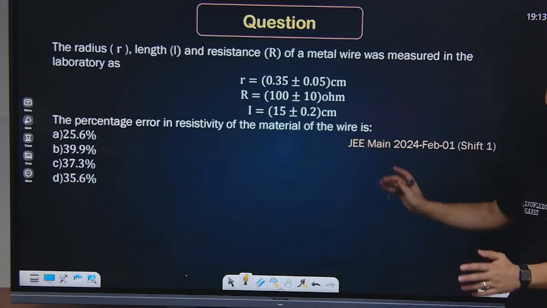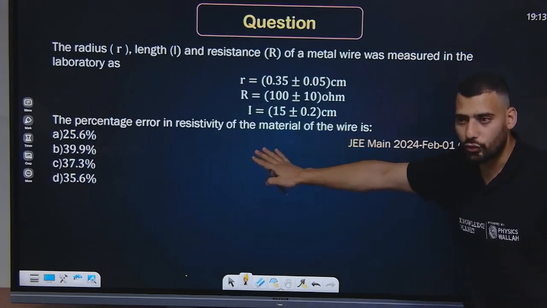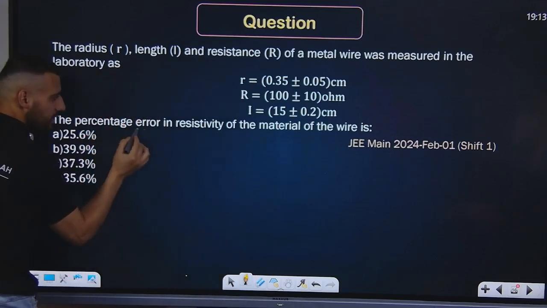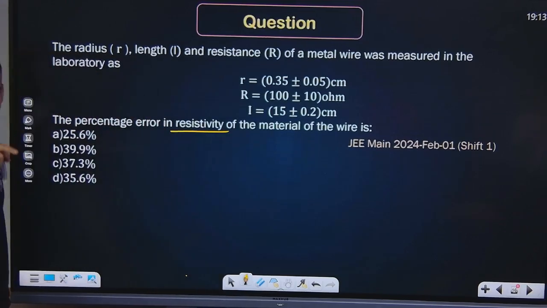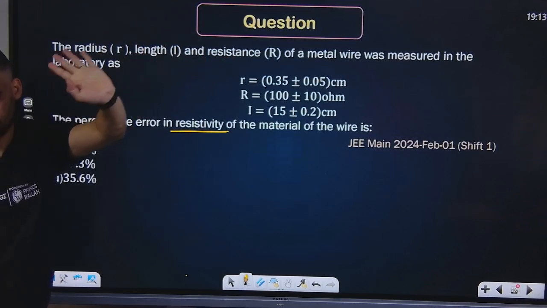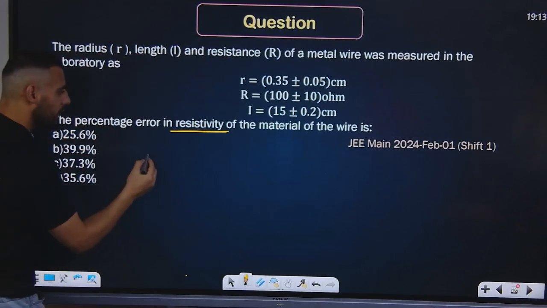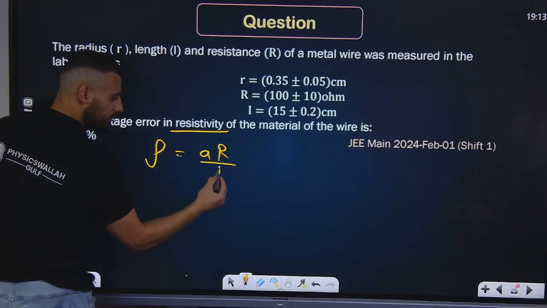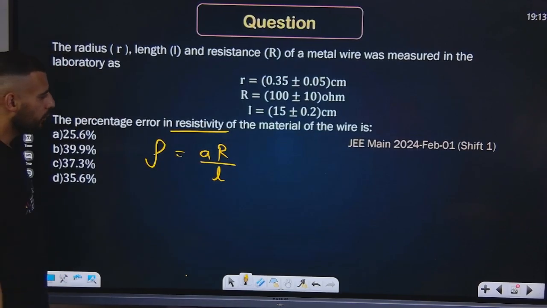Take this question. Understand the question. What is the question at the end? Percentage error in rho. First of all, we must know the equation for resistivity. Rho is equal to S, is it A R by L? Do we have area given?